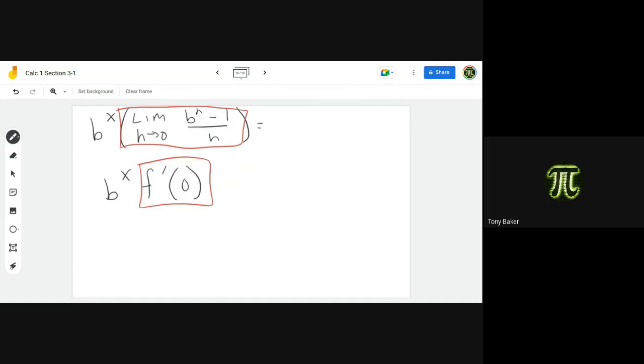So let's look at it. All right. So if we look at this graph, yeah.